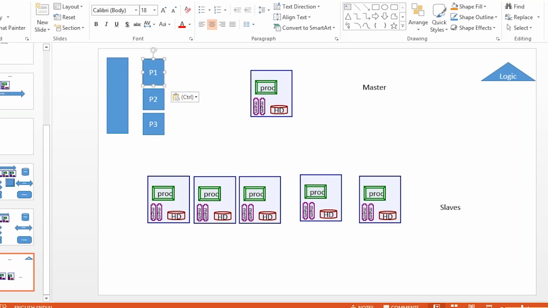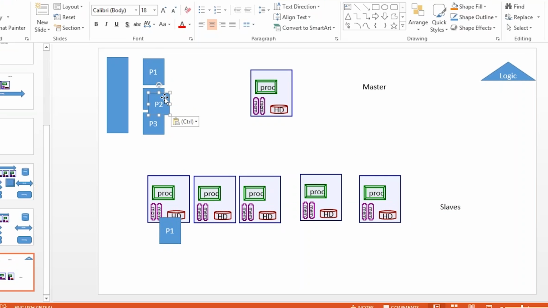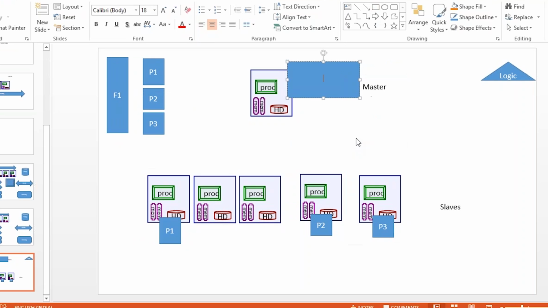It will decide automatically: I'm going to put piece 1 in this machine, piece 2 in this machine, and piece 3 in this machine. At any point of time, it knows very well how these pieces are organized. Say for example, I have this file 1. This file 1 is made of piece 1 plus piece 2 plus piece 3.